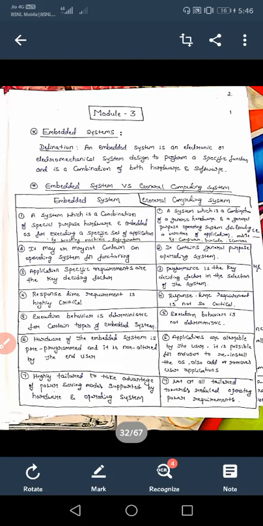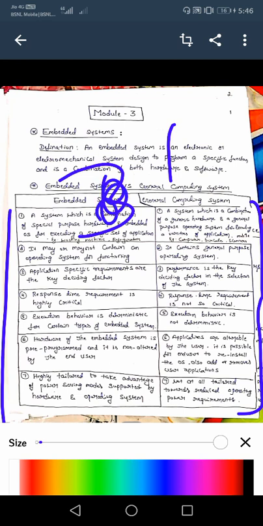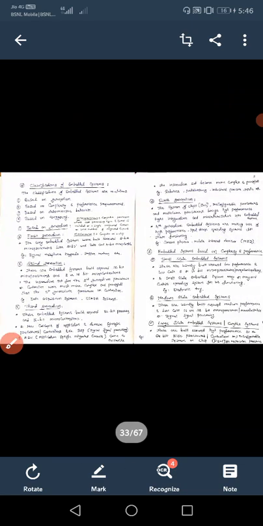If you write the definition you will get 1 mark. And if you list 7 comparisons, exactly 7 comparisons I have written in the notes, so totally 1 plus 7, it is going to be 8 marks. It is clearly written in the notes, just follow.